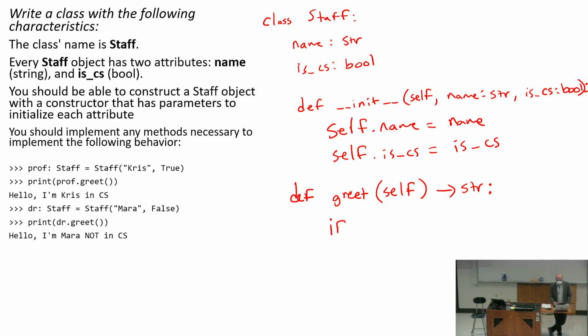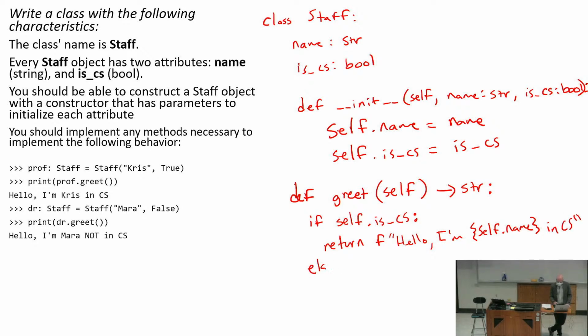So we can say if self.isCS, I'm going to come back and talk about this in just a moment. Then what we're going to do is return f string, Hello, I'm self.name in CS.